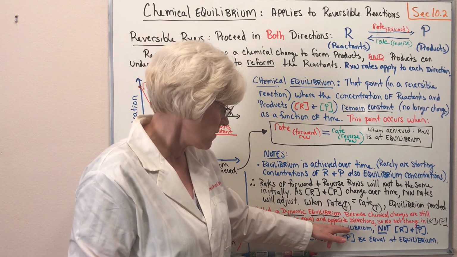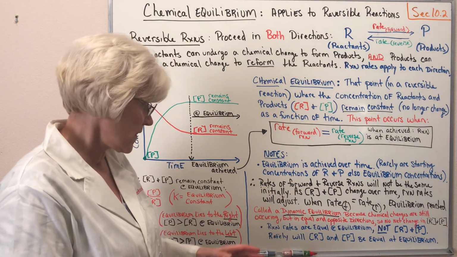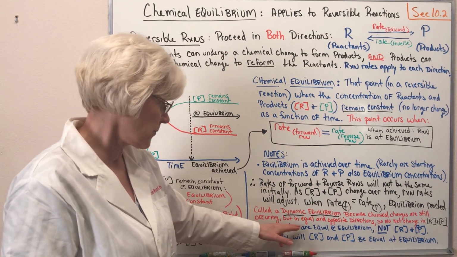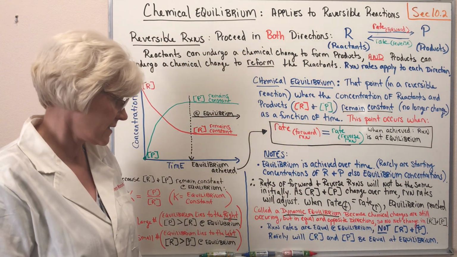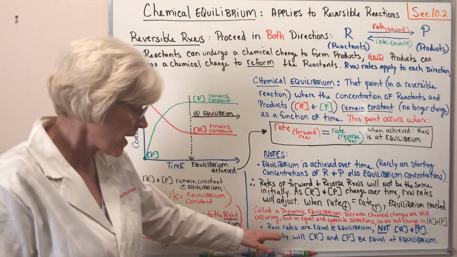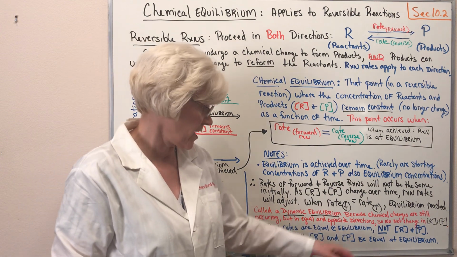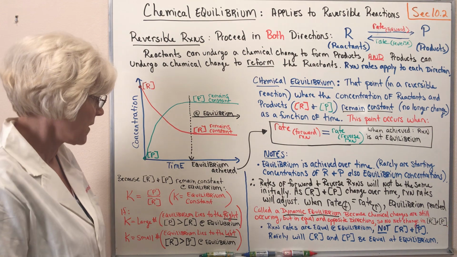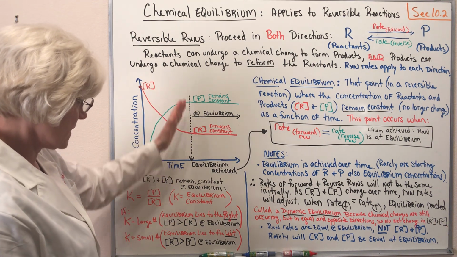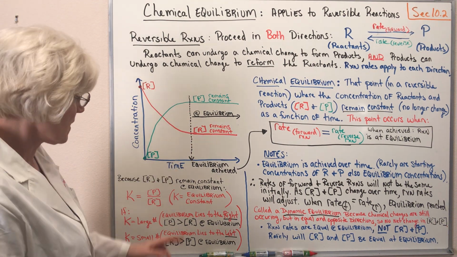So the equal part of equilibrium refers to reaction rates, not the concentration of reactants and products. Rarely will the concentration of reactants and products be equal at equilibrium. And this graph is illustrating that point as well.